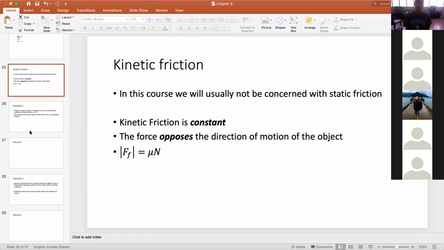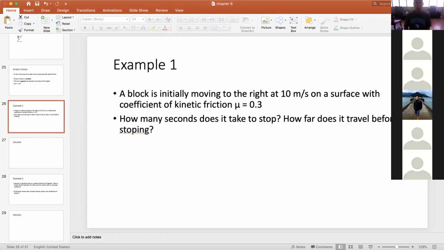Why is kinetic friction easier? Because it always opposes the motion and it only applies when the system is in motion. So you're going to know what direction it's going in, and you're going to know that the force of friction has to be opposite that. And that's helpful, okay? So let's talk about this.